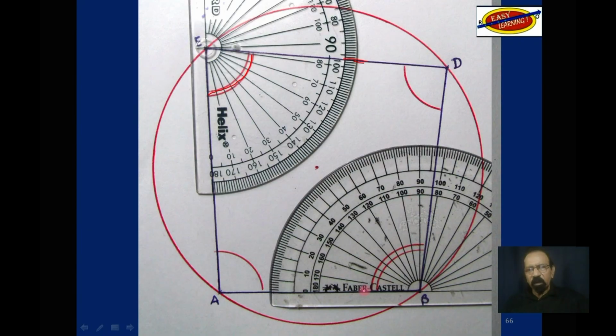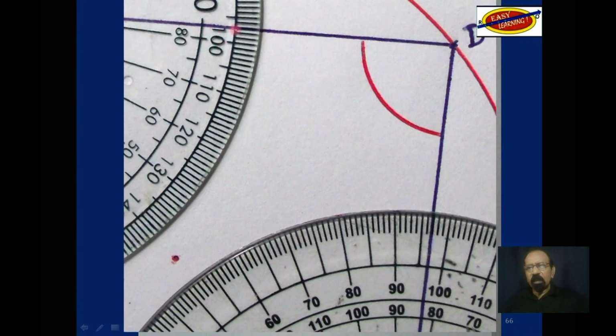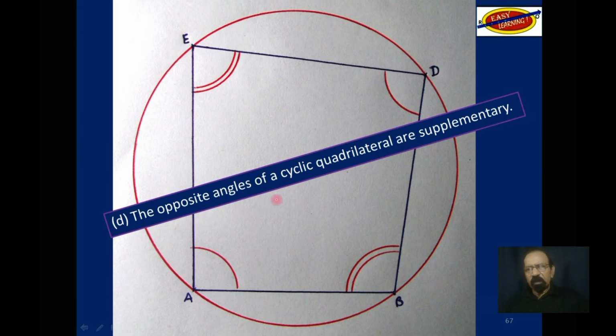And this one down here, it's a little past 90, looks like 97. Let's see that closer. That looks like 83, and this one down here looks like 97. So 83 plus 97 is 180. So the opposite angles in a cyclic quadrilateral are supplementary.